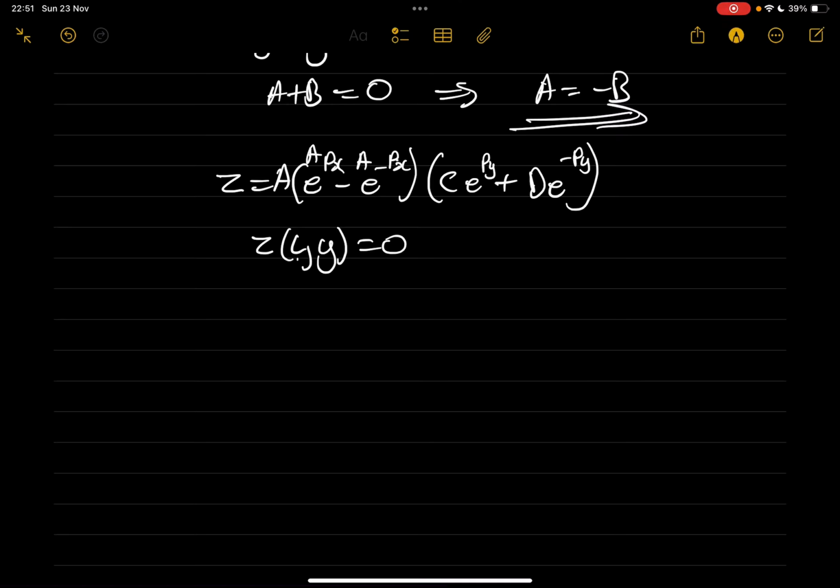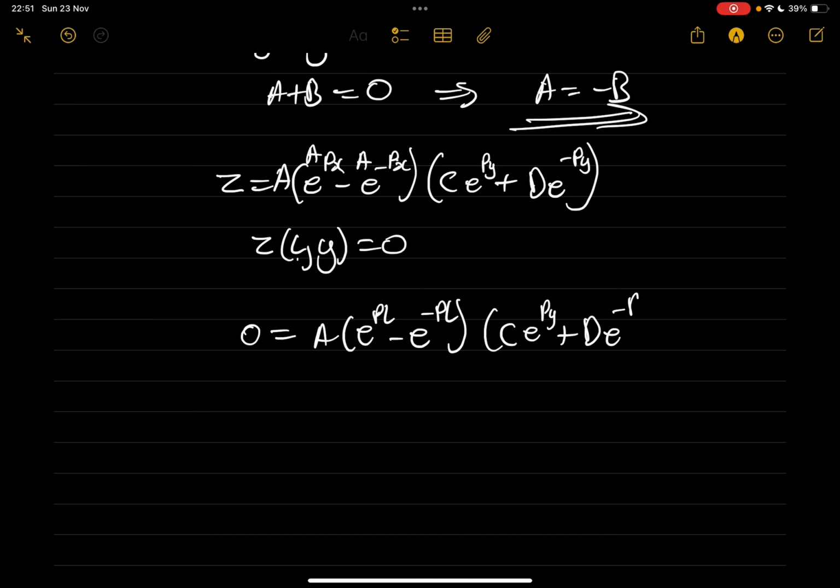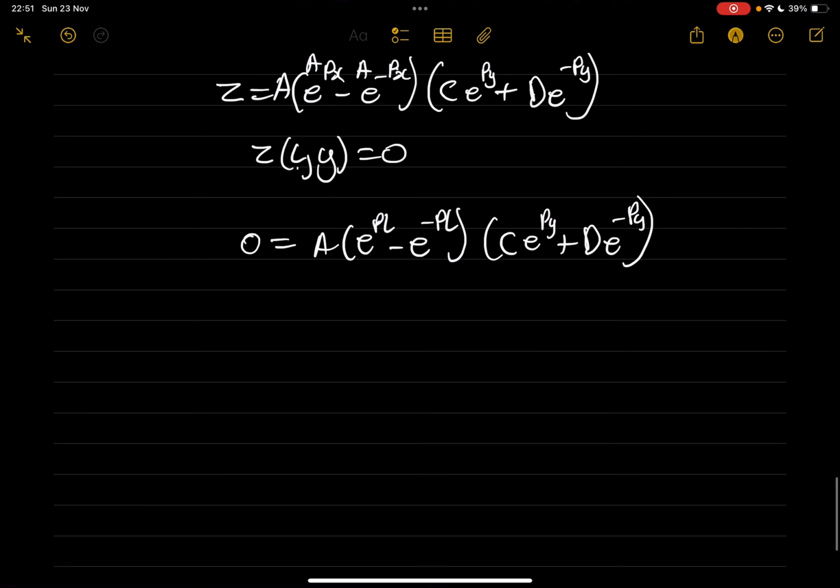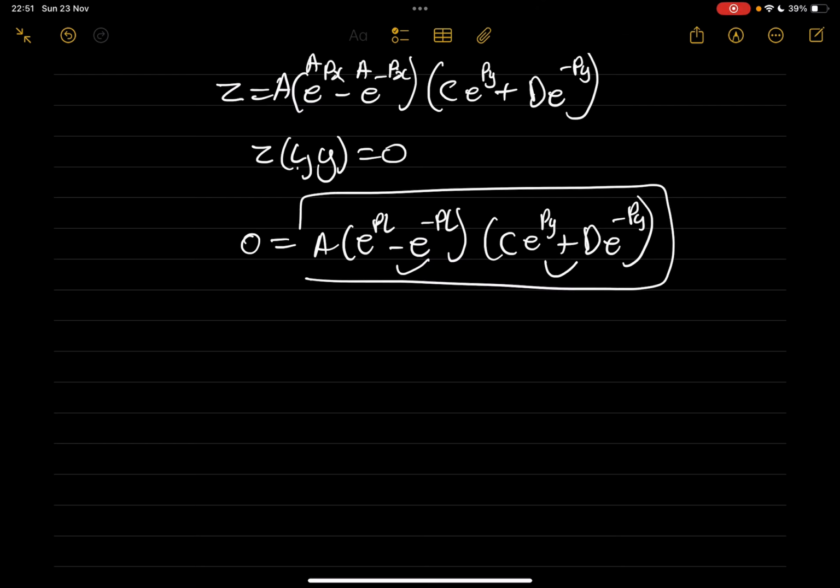So z is 0, so that means wherever there is x, we have L. So a(e^(pL) minus e^(-pL)) times (c e^(py) plus d e^(-py)). Obviously, these are exponentials, so they cannot be zeros. In order for the entire thing to be 0, A has to be equal to 0.